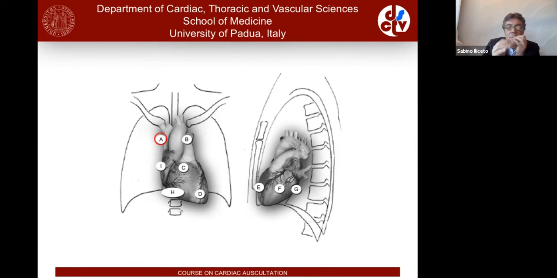If you want to make an evaluation of the intensity of the second heart sound, you have to make comparison. Usually, if the second heart sound is better heard on B, it's an expression of elevation of pressures in the pulmonary artery.